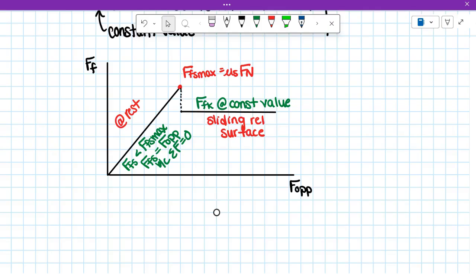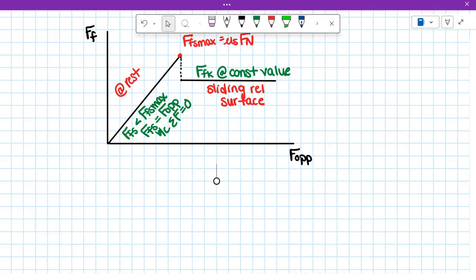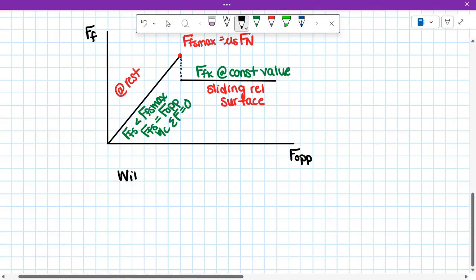If the block is at rest relative to the surface, the force of static friction is going to be present. Now, we may have a situation where we don't know if the block is sliding or if the block is at rest, or maybe the block is starting at rest and we need to figure out, will it move? So we can add to that will it move process.